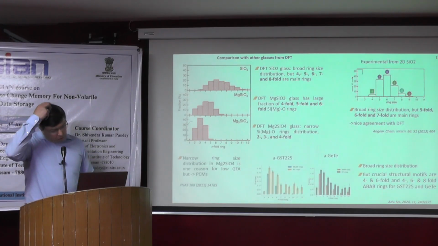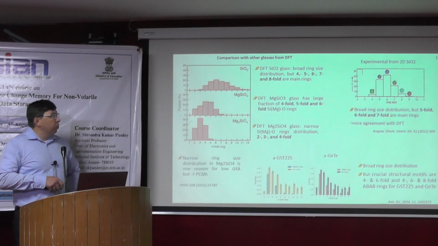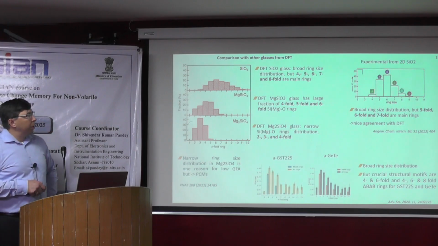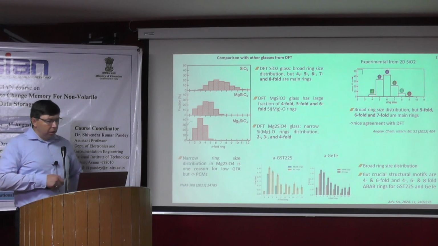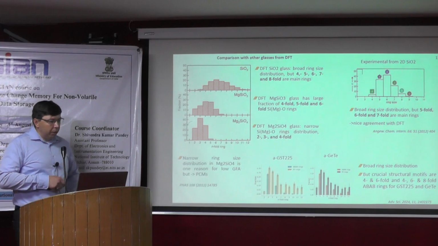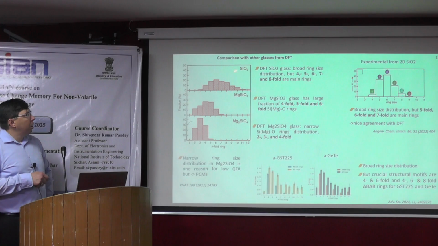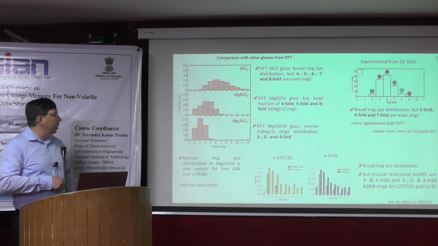Now, if you talk about phase change materials, we also want to look at the local structure of other amorphous solids, and here I would like to compare the ring statistics calculated from DFT for SiO2 glass, magnesium SiO3, and magnesium 2 SiO4, which is spinel.